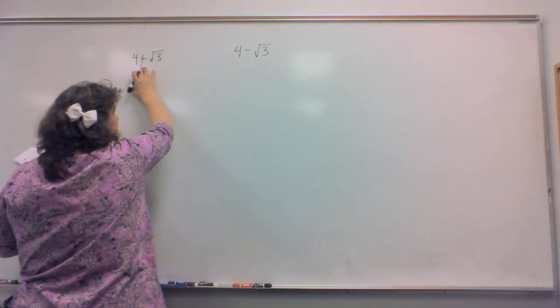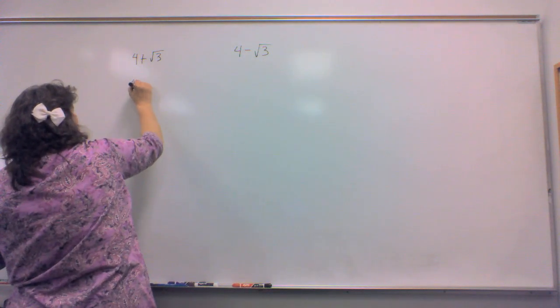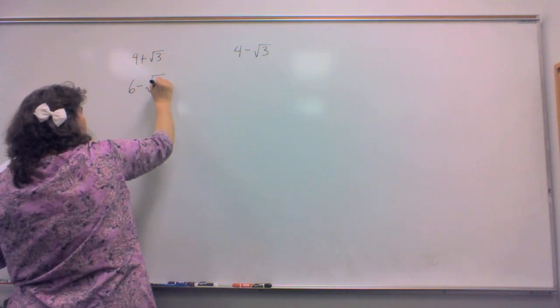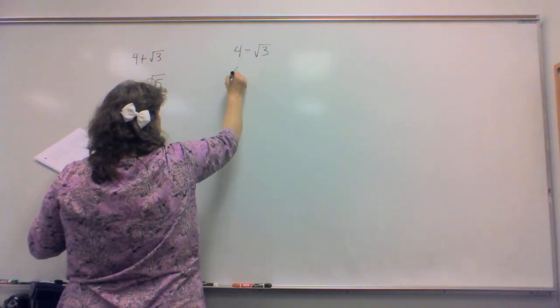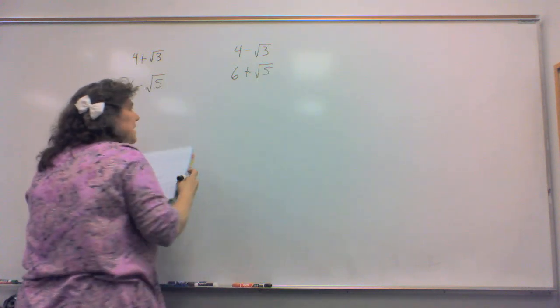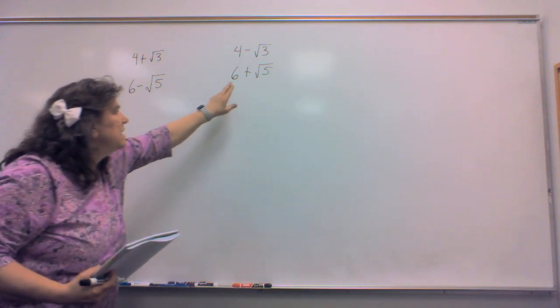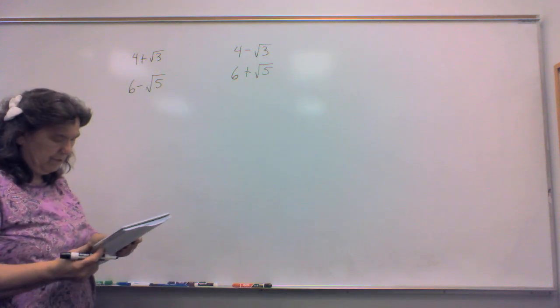The only difference is the plus there and the minus there. And 6 minus square root of 5, the conjugate is 6 plus square root of 5. As you see, everything stays the same. The only thing that differs is the sign between the two terms, okay?